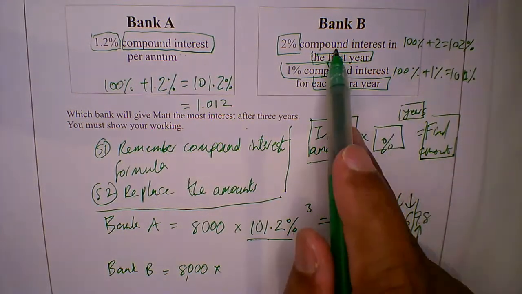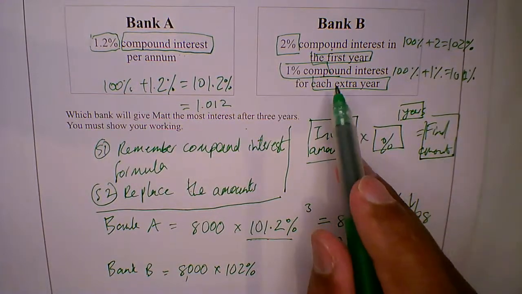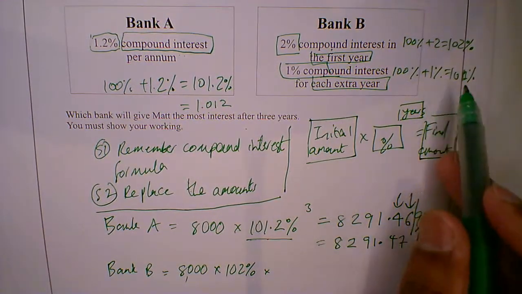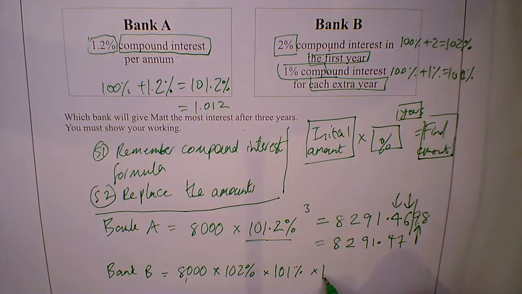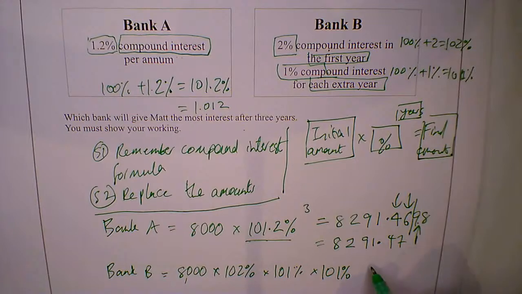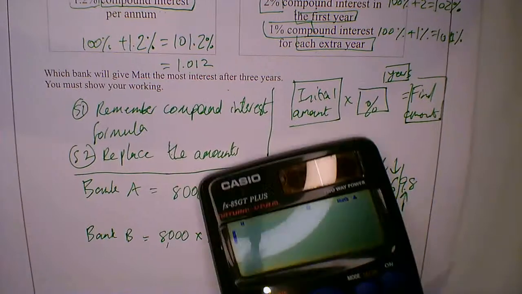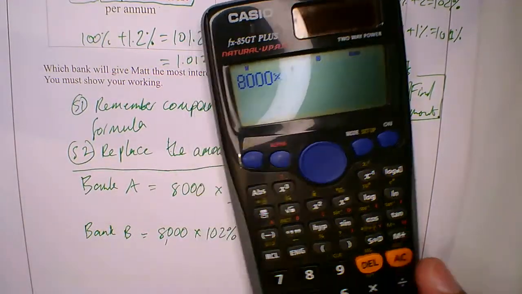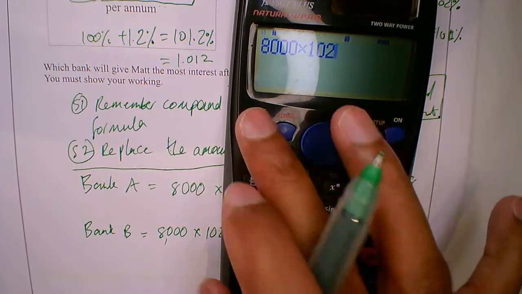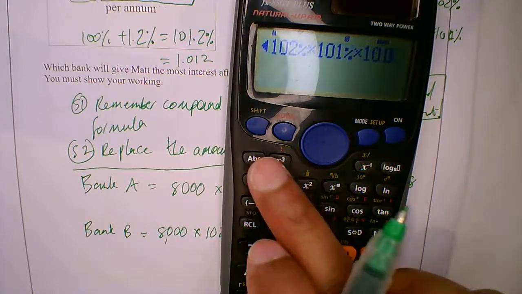So I'm going to multiply by the first year, which is 102%. Then for the second year, it's going to be 101%. And then the third year, it's 101% again. £8,000 times by 102% times 101% times 101%.